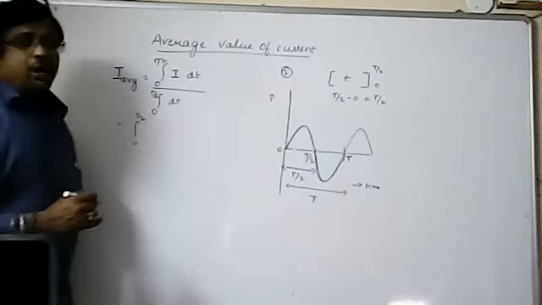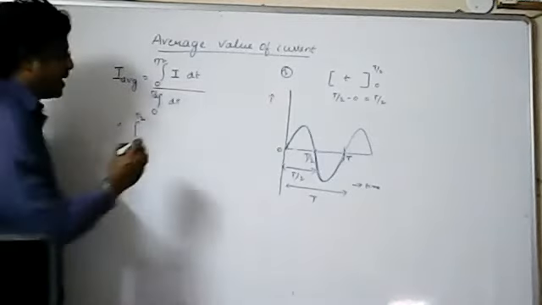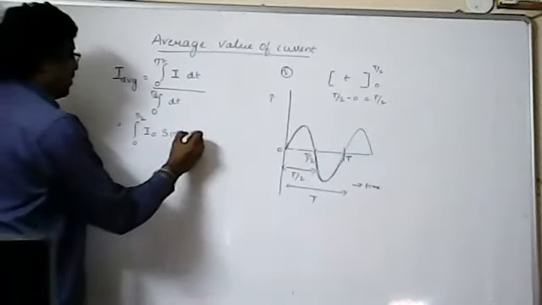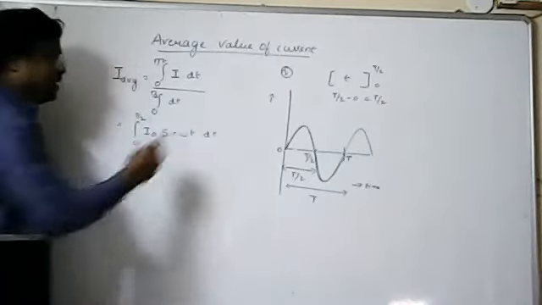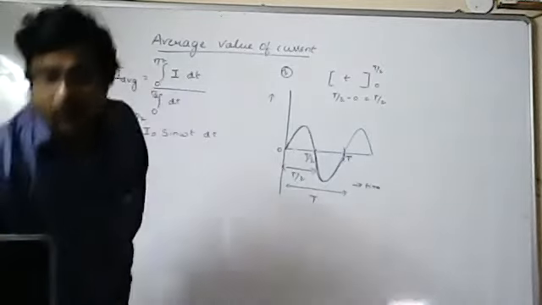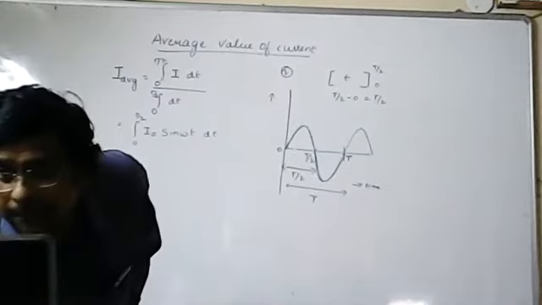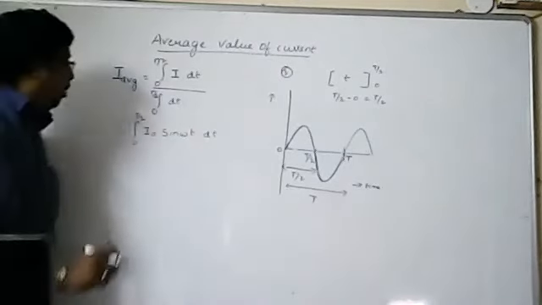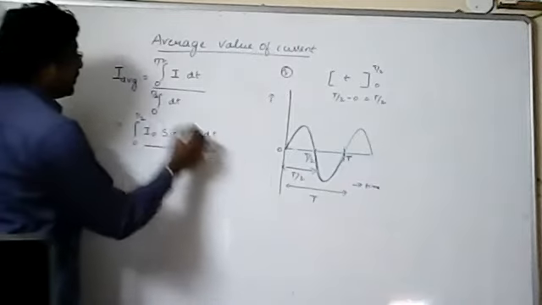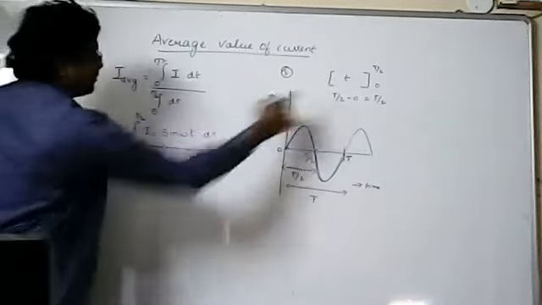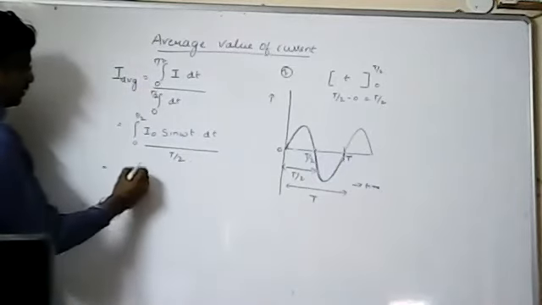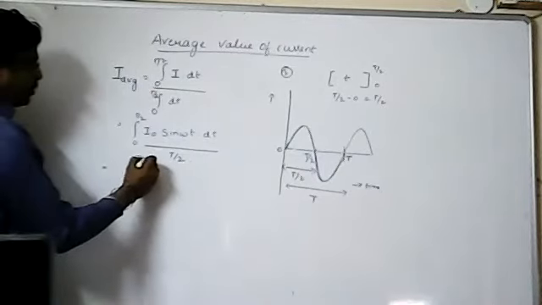I is the alternating current. Alternating current can be written as I naught sine omega t into dt, divided by, how much did you get for this one? 0 to T by 2.